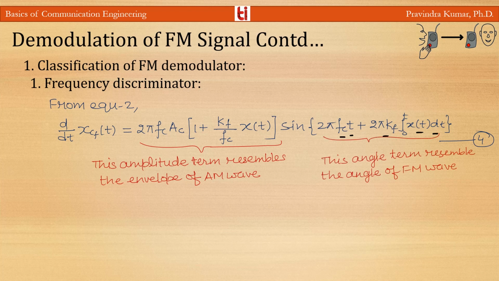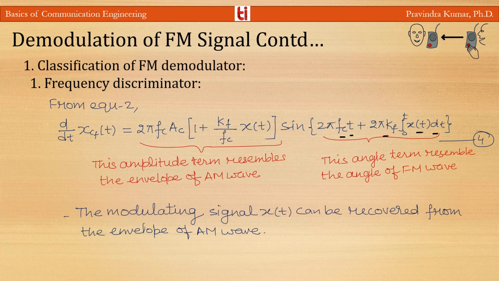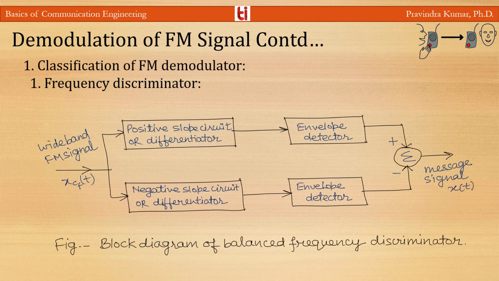Our requirement is the modulating signal x(t), and we can recover it from the envelope of the AM wave. So the block diagram of this is shown in this figure. This converts the frequency variations of the FM wave into corresponding voltage or amplitude variations of the AM wave. We know the operation of the envelope detector.